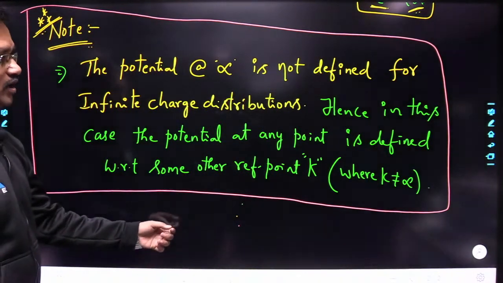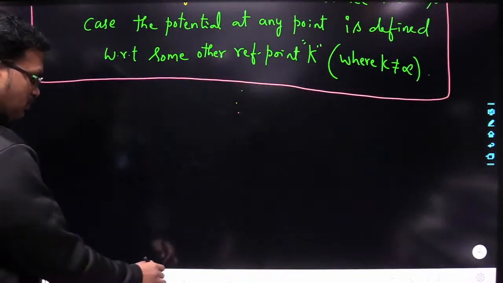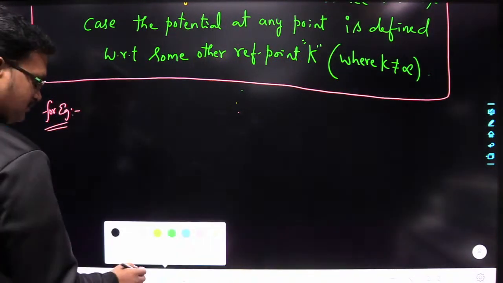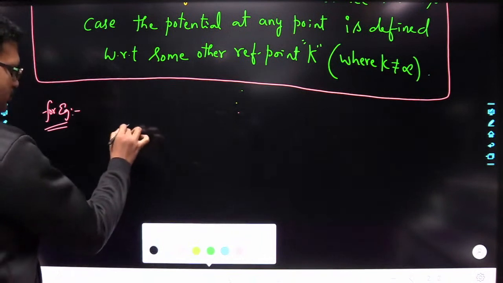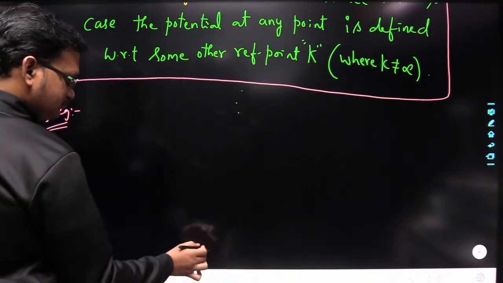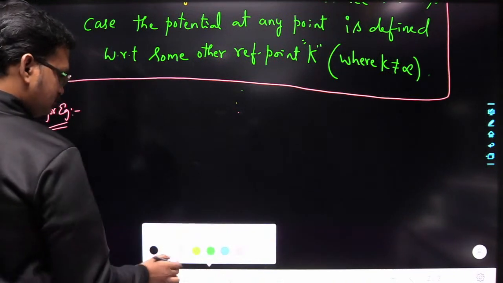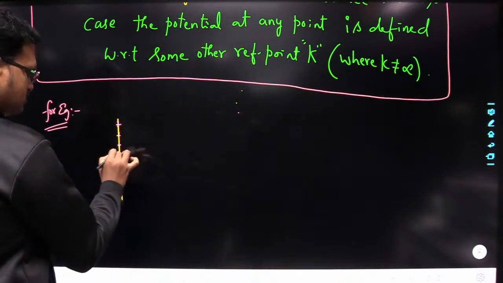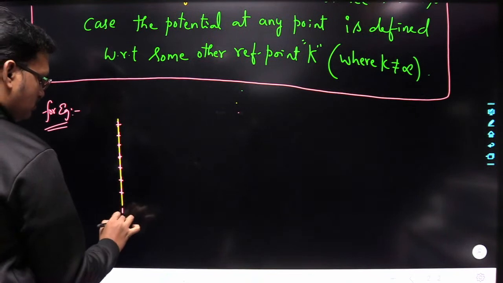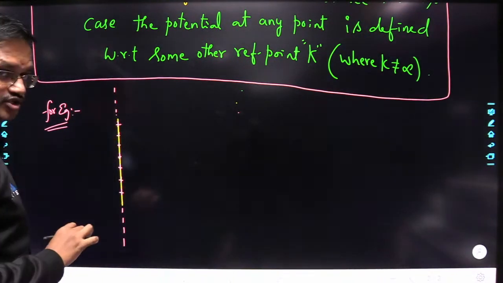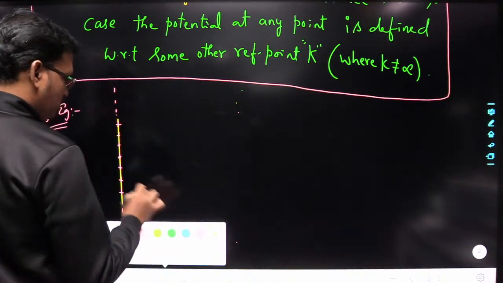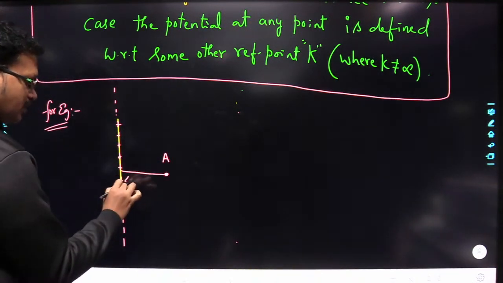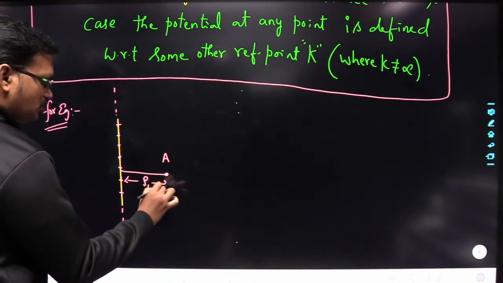Right? Now see, for example, if I consider an infinite line charge here, you want to determine the potential due to this line charge at some point A. Let us say the normal distance of this point from the line charge is rho 1.